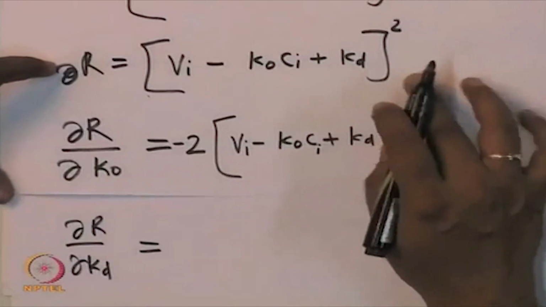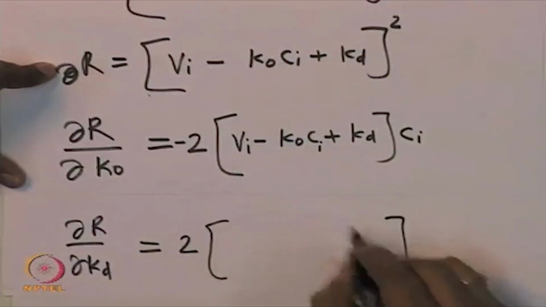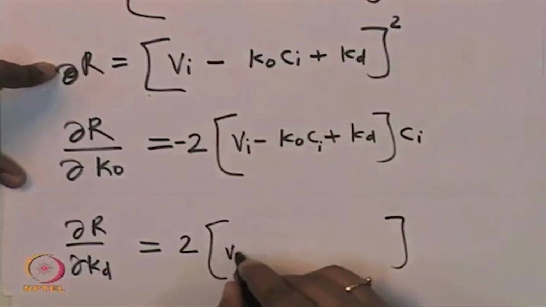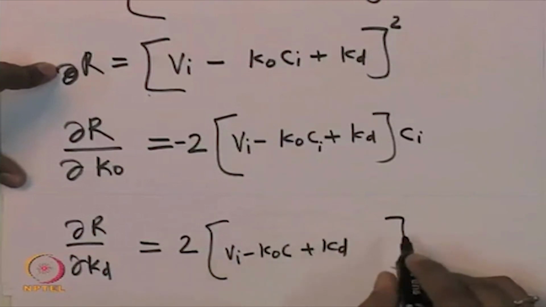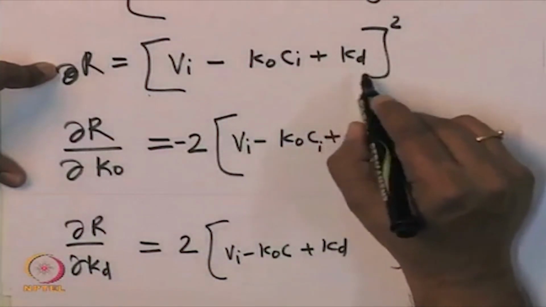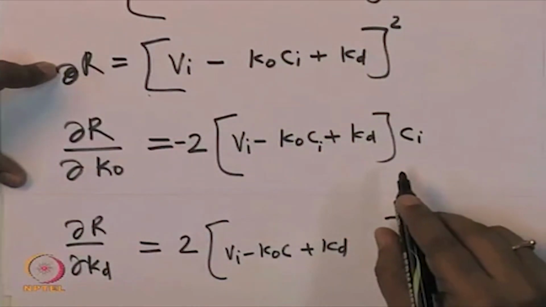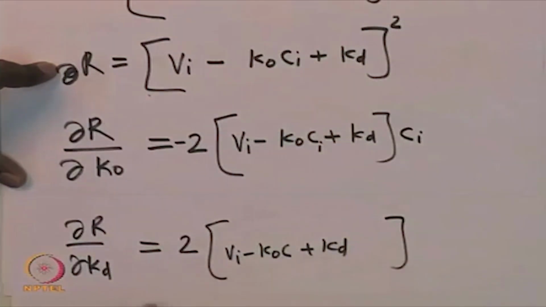In the same way, there is 2 times this function, which is V I minus K 0 C plus K D, and that is it. K D is a constant, so the derivative of K D is 1. So the only difference is a factor of 1.